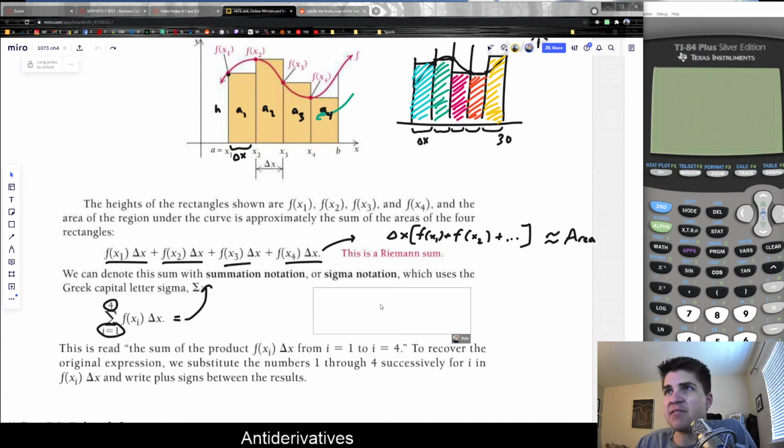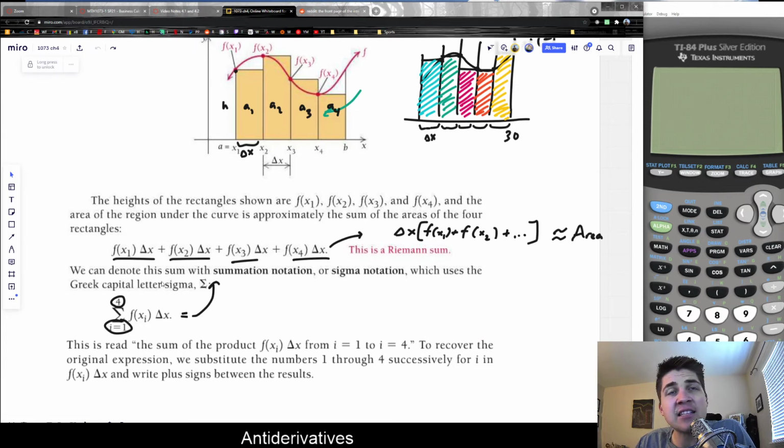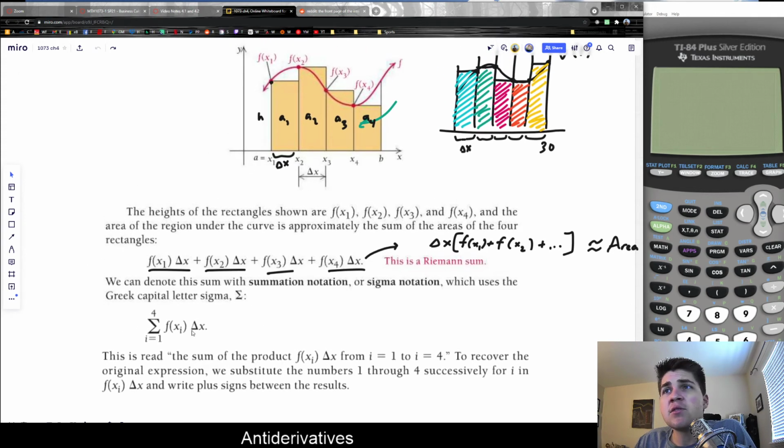I'm assuming you have seen sigma notation, but usually this is kind of complicated to understand because there's a lot going on. But to summarize, this represents the sum of all of the pieces of area of this curve. So again, the whole point of doing this is an approximation for the area under the curve based on using 4 intervals at this point.